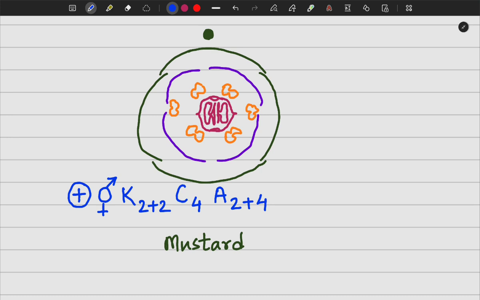Then at the center the gynoecium is present, so we will use the symbol G for gynoecium, and we can see that the gynoecium has 2 carpels inside it. This is one carpel and this is the second carpel, and they are fused together into one unit.